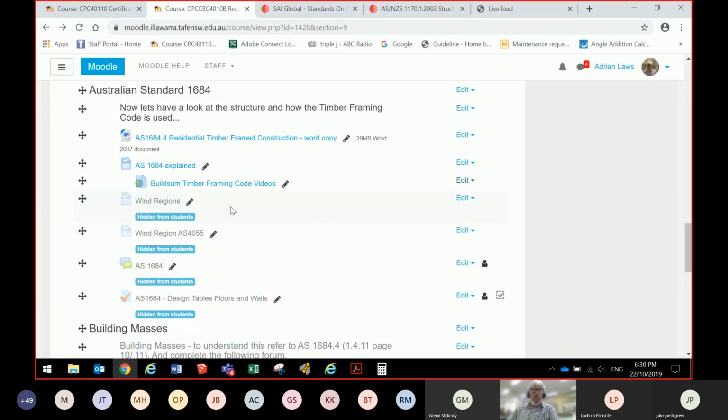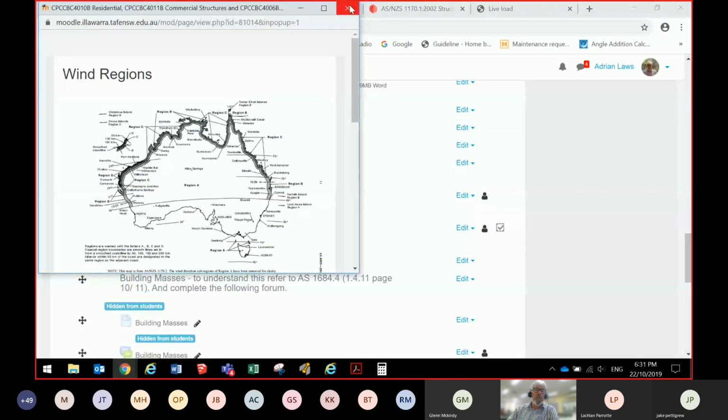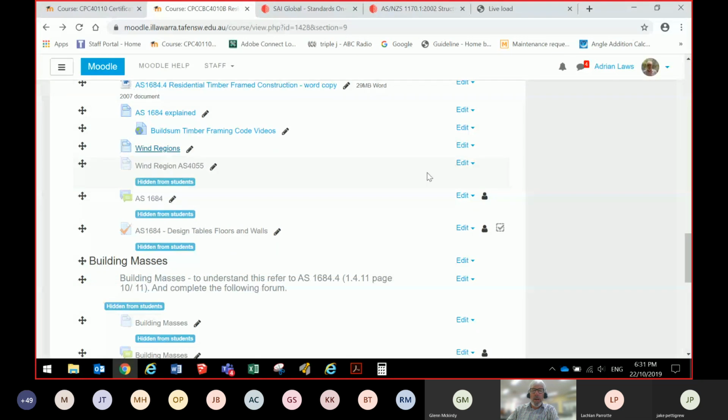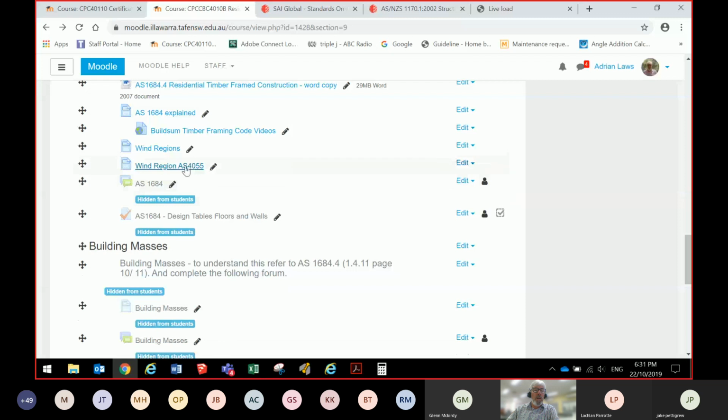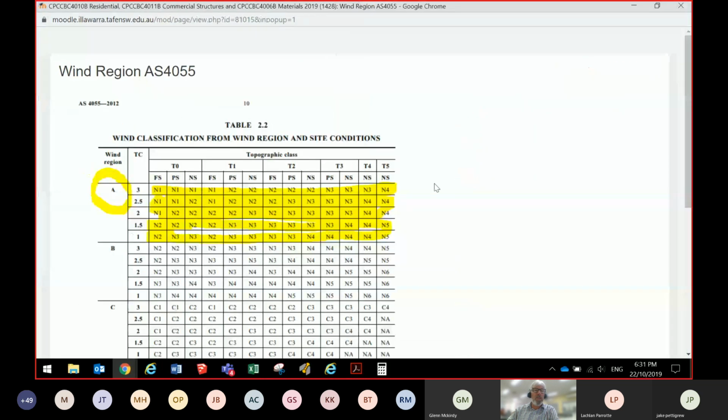And to build towards all of that, we talked the other day about the wind regions, and so I'm not going to go into any more of that other than the fact that we talked about how Australia is divided up into wind regions, and then we talked about Australian Standard 4055, and I think that's a part from it, showing you one of the tables.